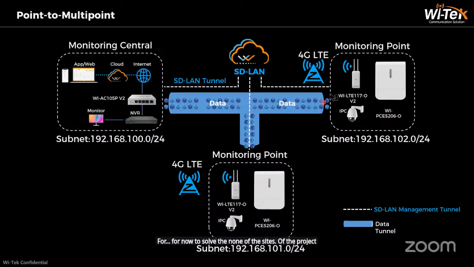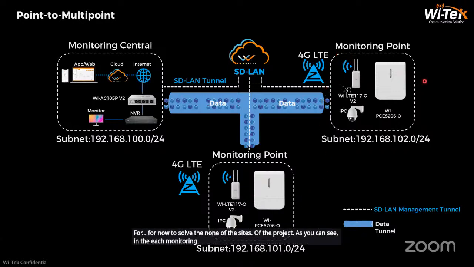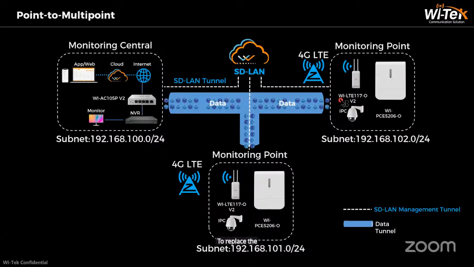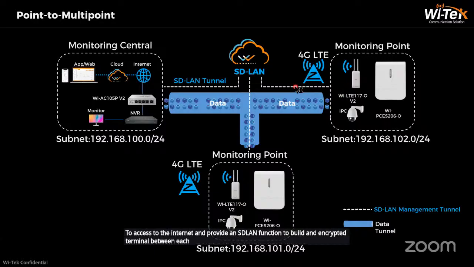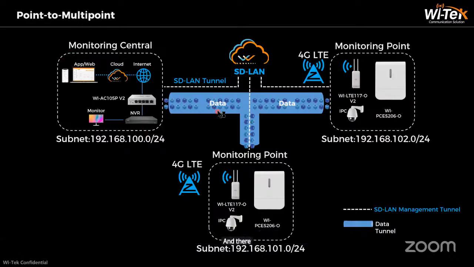As you can see, at each monitoring point we use a 4G LTE router to replace the CPE product to access the internet and provide an SD-LAN function to build an encrypted tunnel between each monitoring point and the monitoring center. And there is no limitation on the distance between the monitoring points and the center.